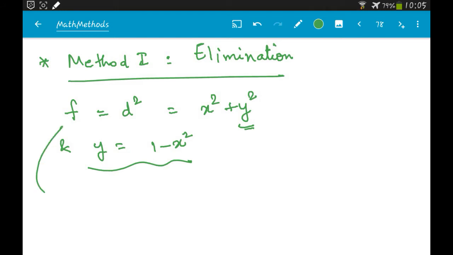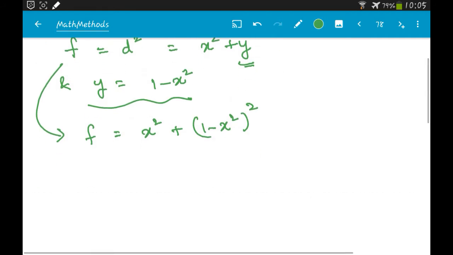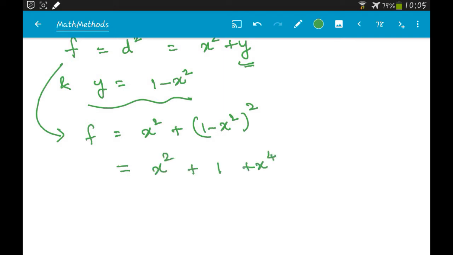We'll get f is equal to x square plus (1 minus x square) whole square. So you're going to have x square plus 1 plus x power 4 minus 2x square, which is x power 4 minus x square plus 1. So this is going to be your f.